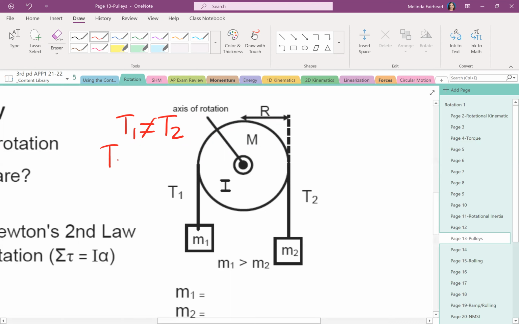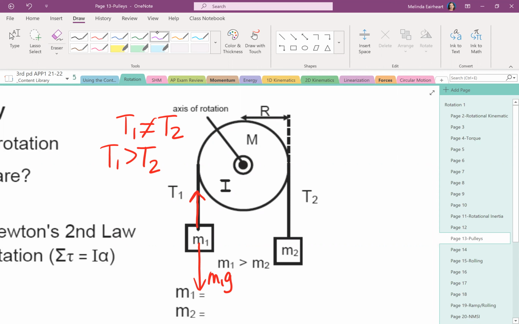It's actually the one on the left, okay? And the one on the left, yes, it's pulling up on M1, so we can still keep that. M1G, still true.